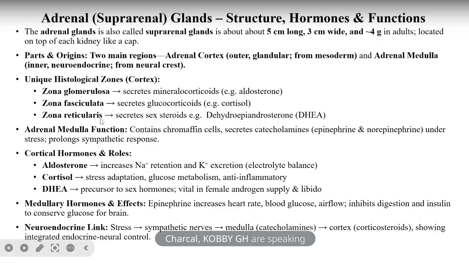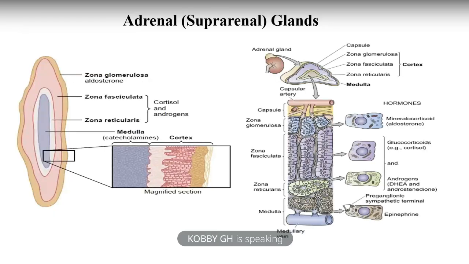So we have the zona glomerulosa, the zona fasciculata, and the zona reticularis. These are the 3 subdivisions of the adrenal cortex. Let's go back to the diagram. I mentioned that the adrenal gland has 2 main divisions.